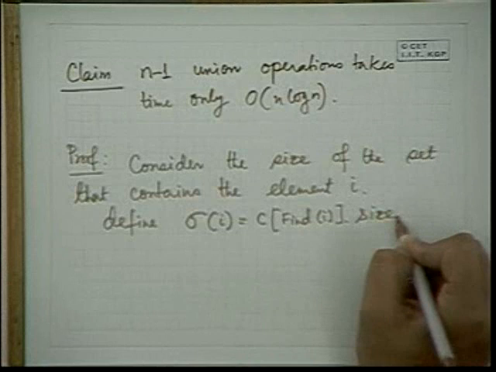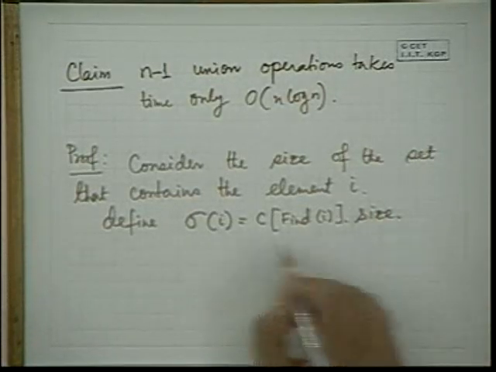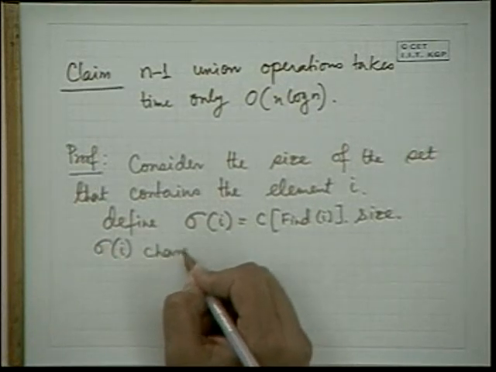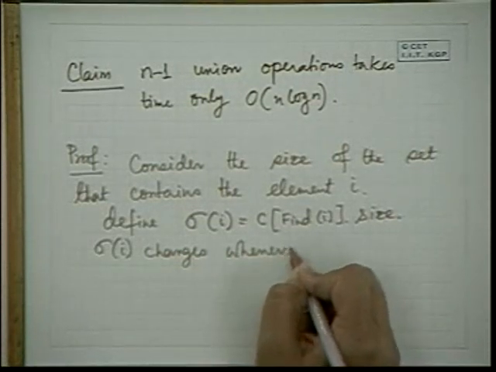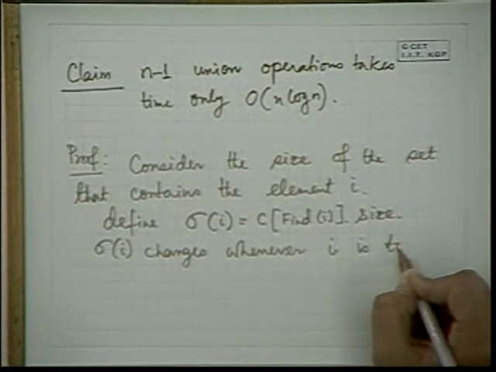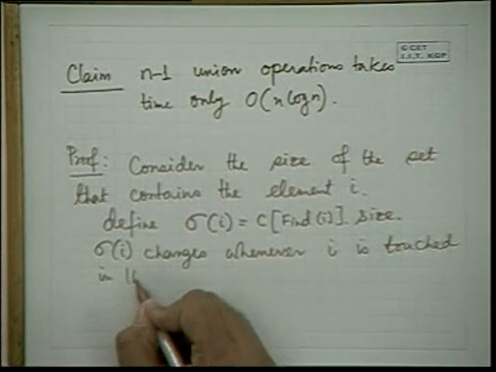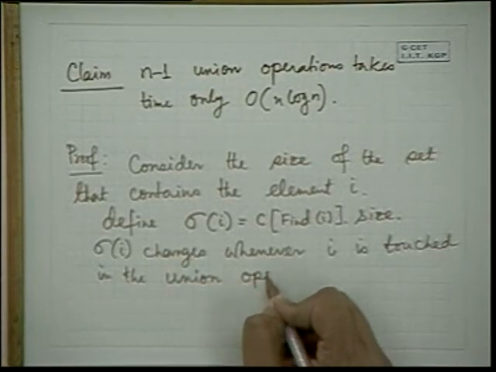So sigma of I is basically its size in the current set. So sigma I changes whenever I is touched in the union operation.